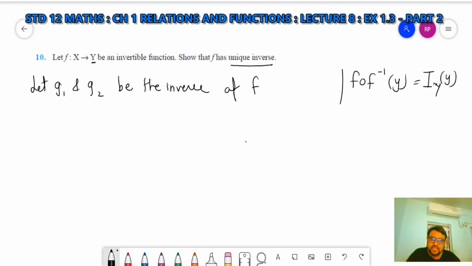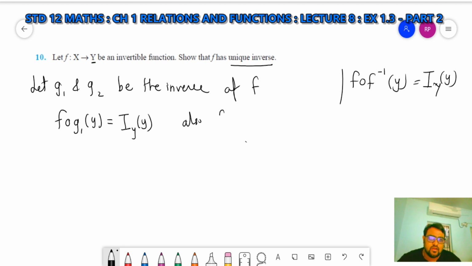That means both are the same, and hence we will get that f has a unique inverse. Okay. Now say g1 and g2 are the inverses. We know that f o f inverse equals the identity function. So I can write down here that f o g1 of y will be equal to the identity function of y. Right? I will write down I_y.